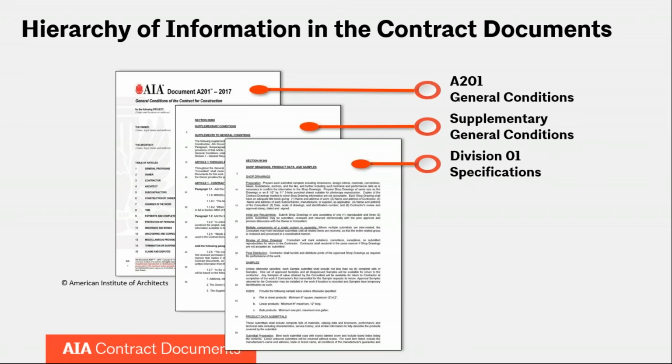The supplementary conditions provide information that is more project-specific. And then Division 1 of the specifications provides very detailed information such as distribution requirements and review procedures. So putting together all of this package of documents can be a bit complex, and of course I would recommend working with an attorney in order to do that and to make sure everything is coordinated properly.